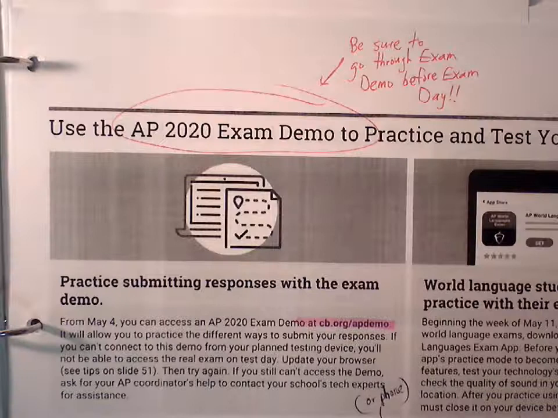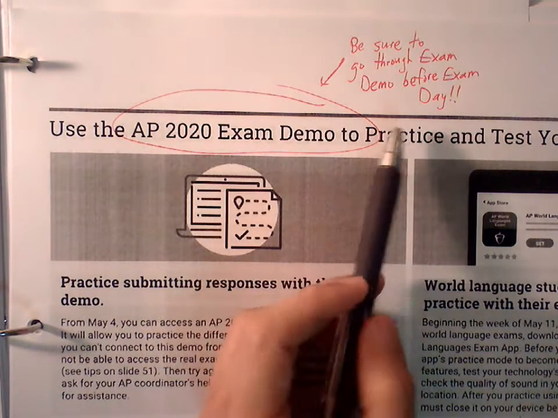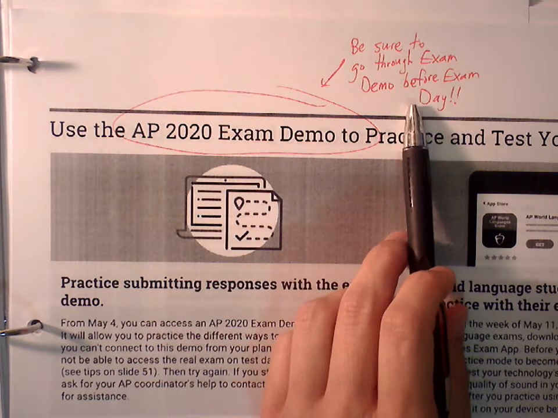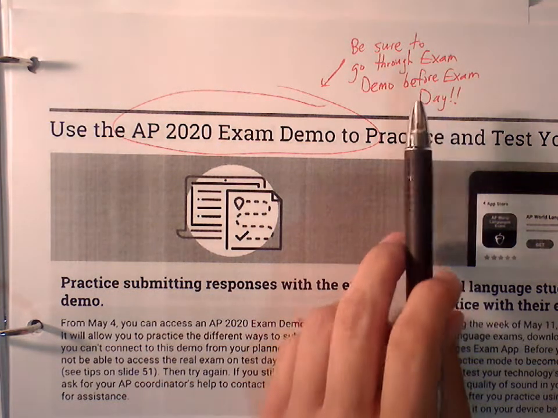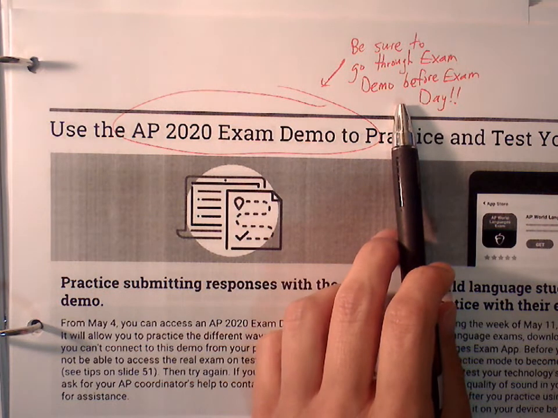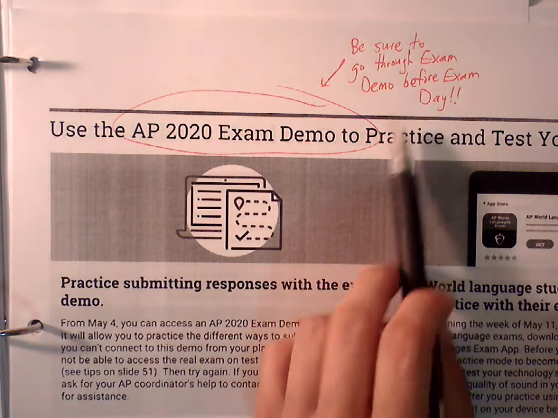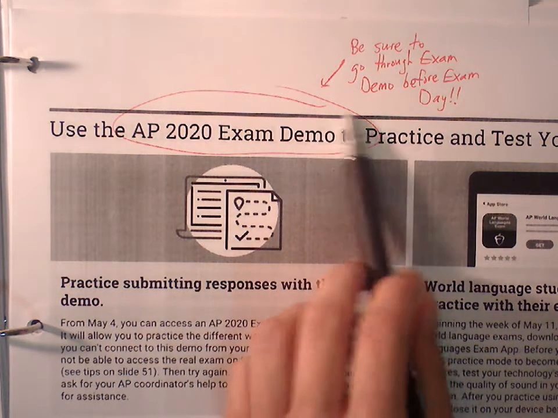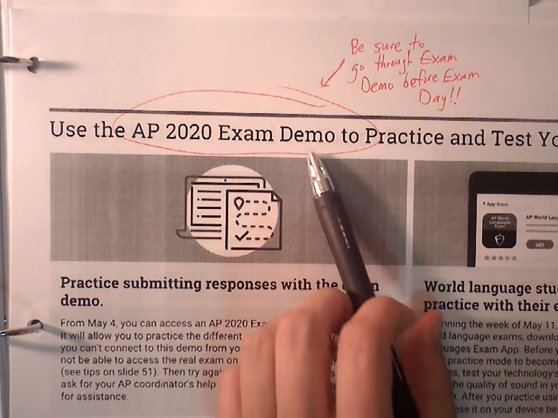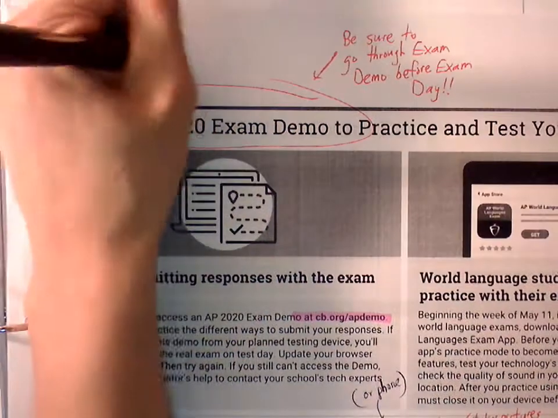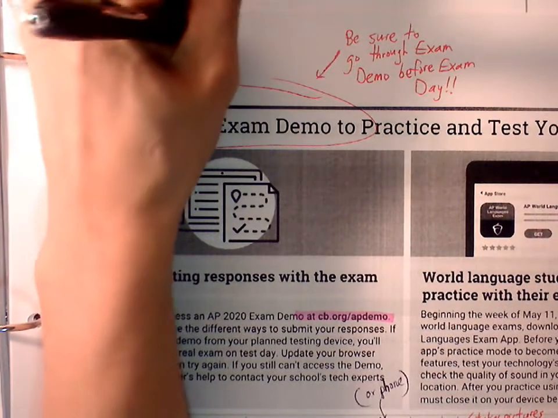All right, your AP exam demo should be ready by Monday the 4th, so hopefully you all will get a chance to do it on Monday, and then Tuesday when you meet, if you want to get on Zoom with me, you'll be able to ask additional, more specific questions that maybe the exam demo was not able to answer for you. So I think it's good if you can do this May 4th.